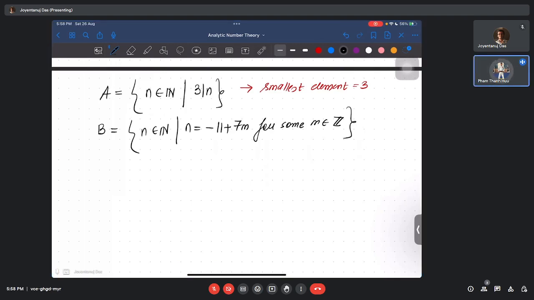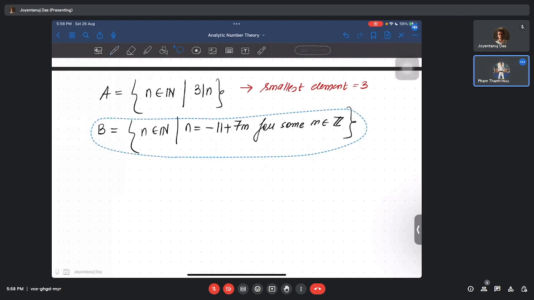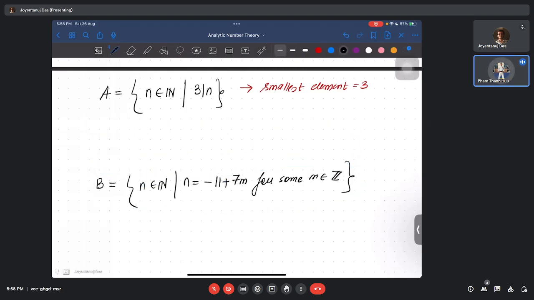Three, because we are taking all those natural numbers such that 3 divides n, right?